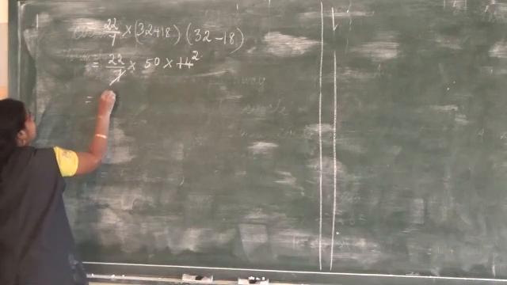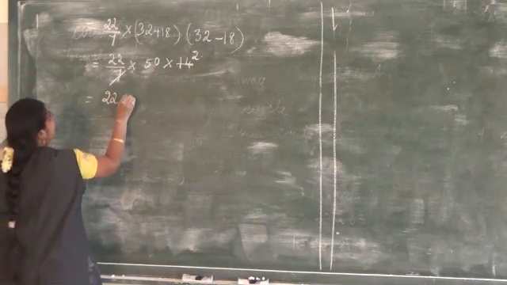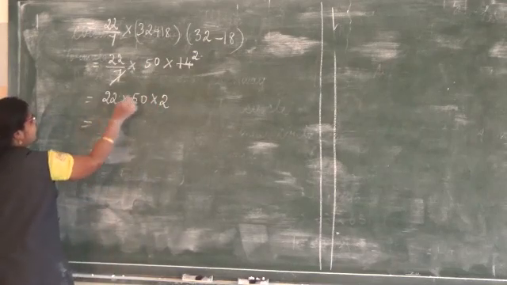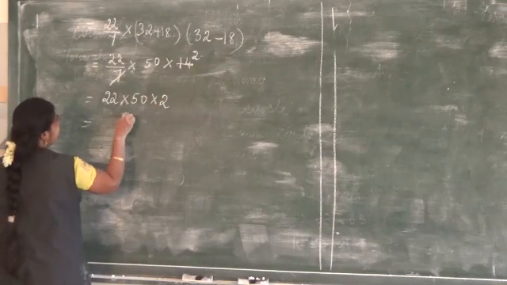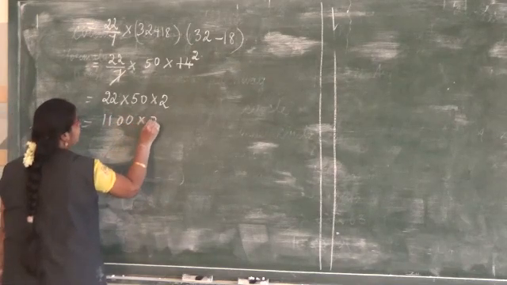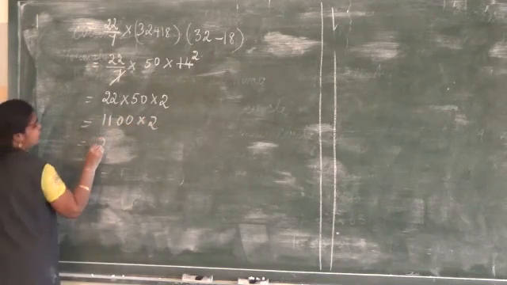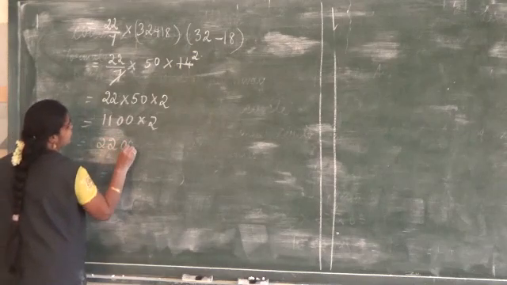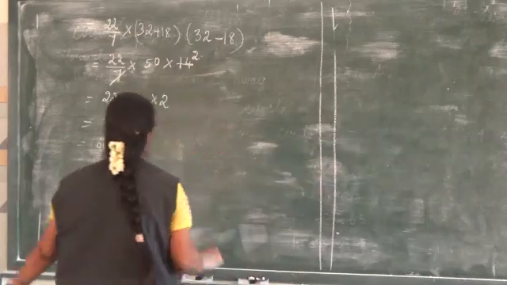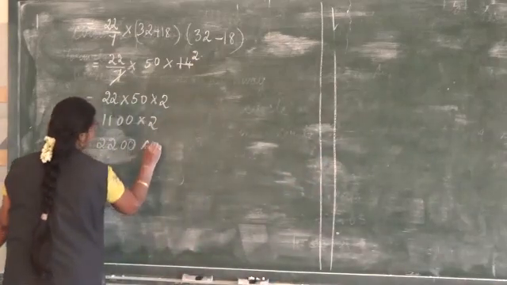So, this is equal to 22 into 50 into 2. So, 22 into 50, 5 2s are 10, 11 into 2, so 2200. The unit they have given us is centimeter. So, this is centimeter square.